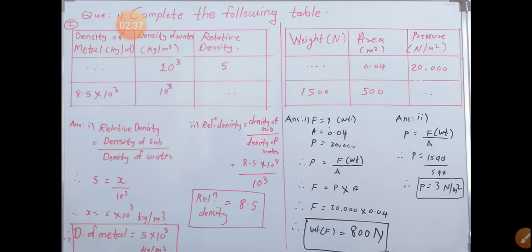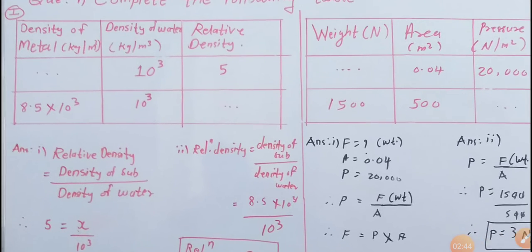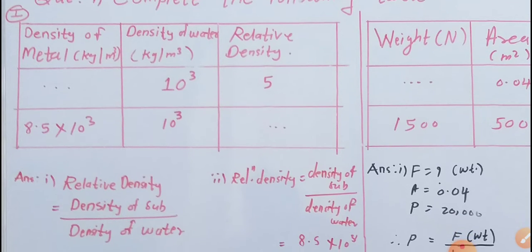So very first, see here, complete the following table. In your textbook it is also given on page number 22. The second table we will solve. Density of metal: here the density of metal is not given, we have to find it out.